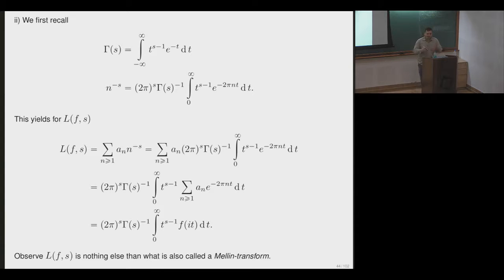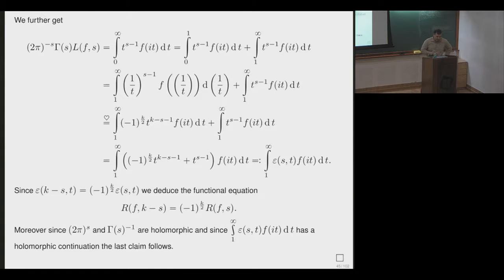And then if you do this, you end up with nothing else than the modular form evaluated at iT. The story on this slide is also known by the keyword Mellin transform: the L-series is the Mellin transform of the modular form.